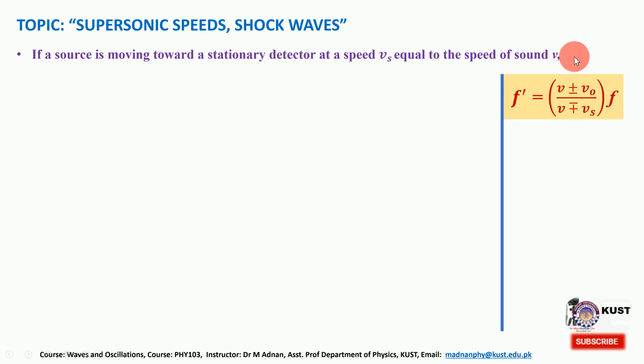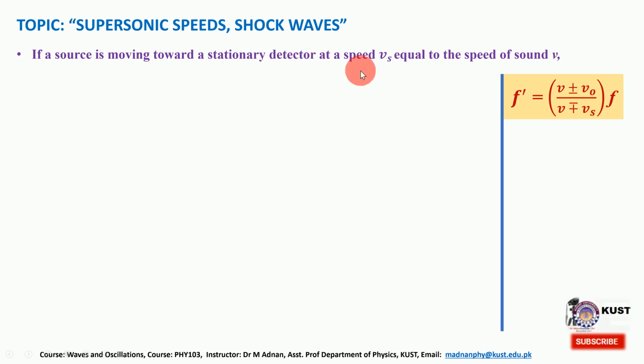This is the general form in which one can relate this equation to any of the four cases that we have discussed in lecture number 23, where V represents the speed of sound waves, VO represents the speed at which the observer moves, and Vs represents the speed at which the source is moving.